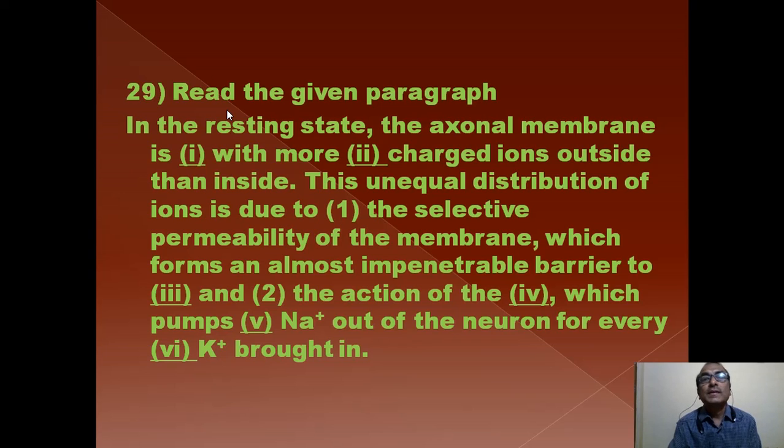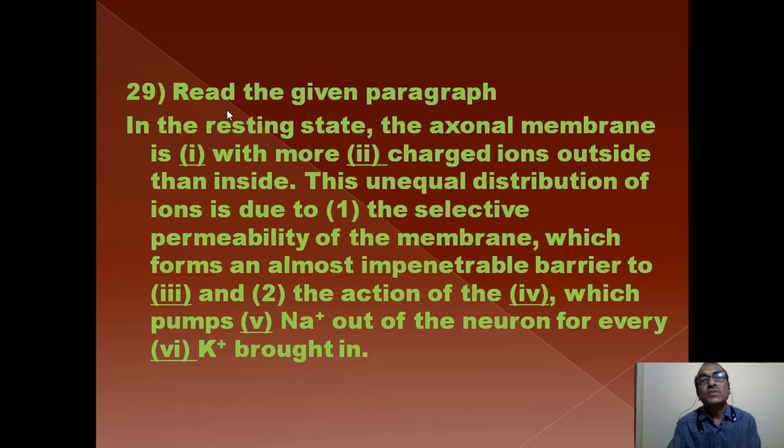So that means during the resting state, we know that the axonal membrane outside will be positive. We call it the polarized membrane. It is polarized and it will have more positive charged ions outside.